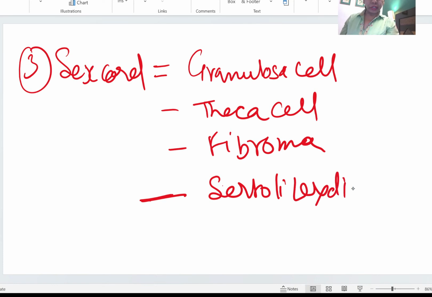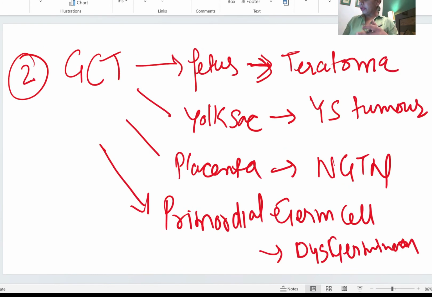Are you getting it, Dr. Sumit? Your question 55 was: which of the following is not a germ cell tumor? So granulosa cell tumor is not a germ cell tumor. Have you got it?